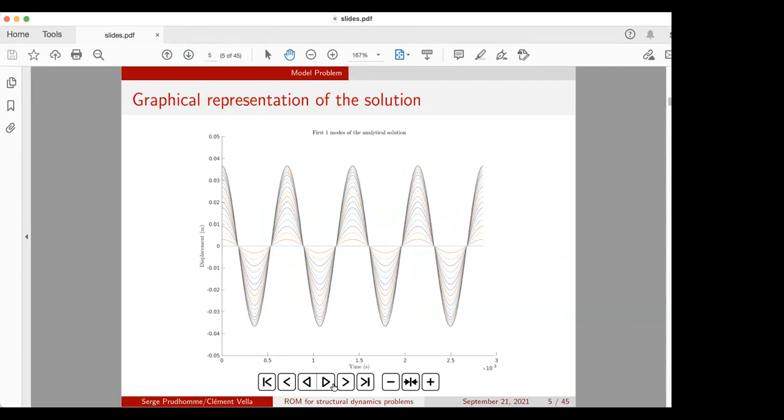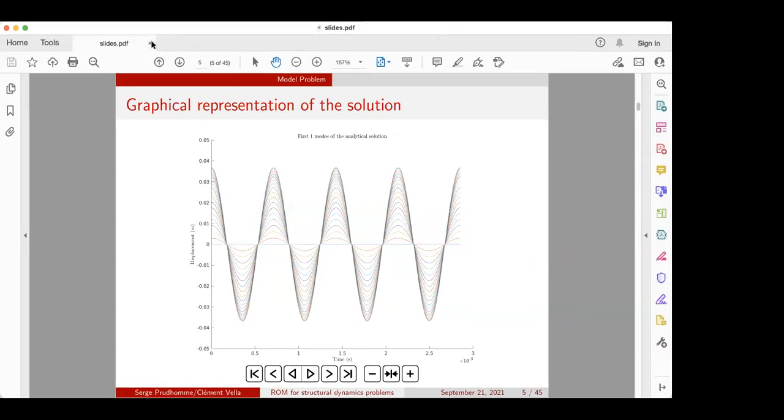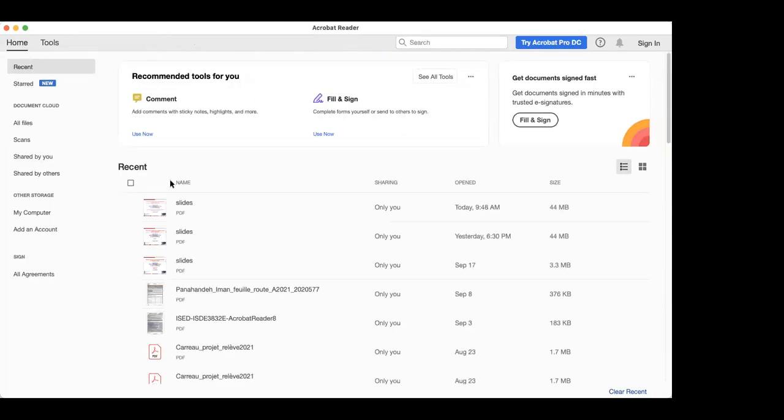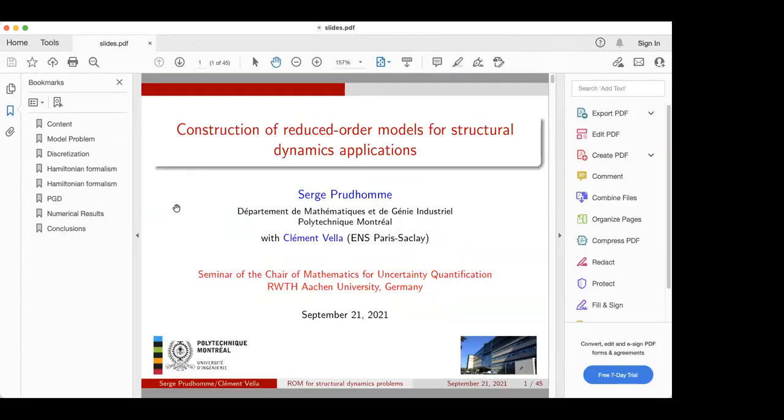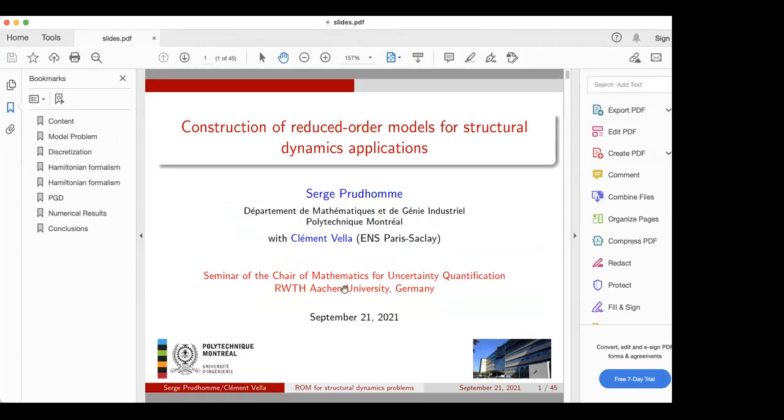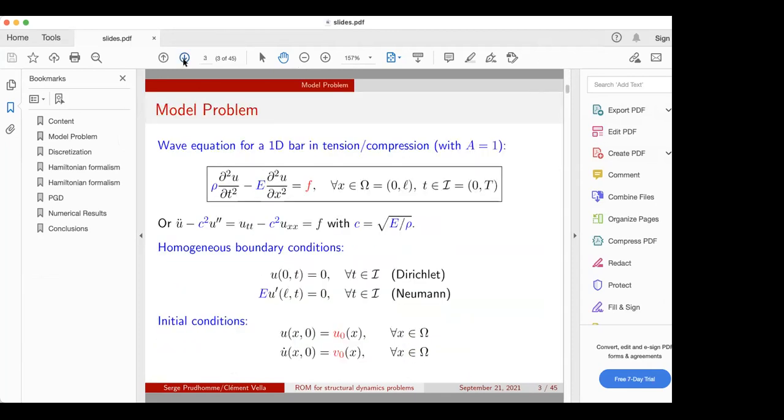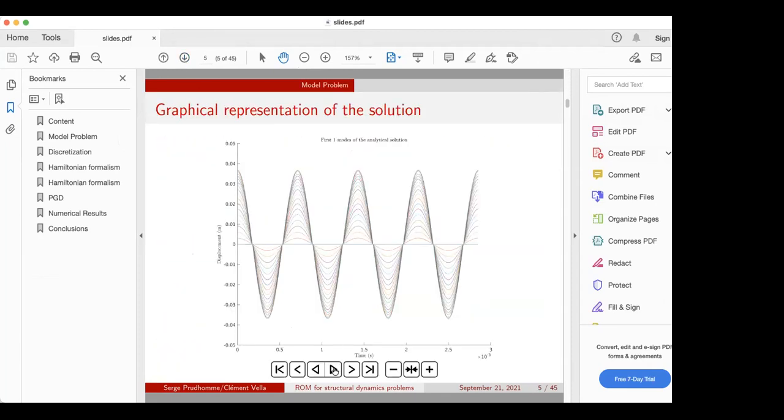Just a second. All right. It doesn't seem to work. Let me see again. No, it doesn't want to work. So basically, I just wanted to show you the evolution of the solution as we were adding more modes. Unfortunately, it's not working.